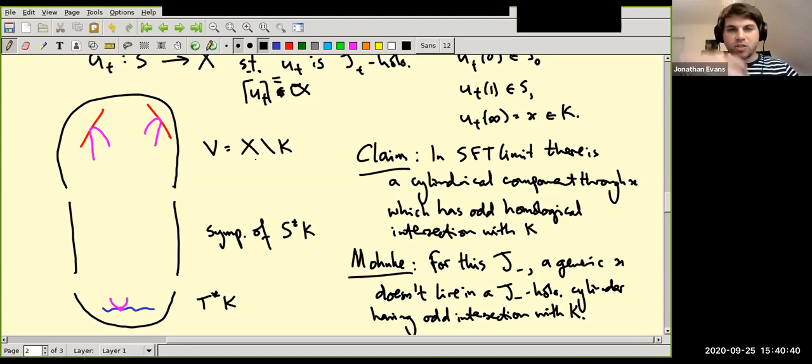So when you do these SFT neck stretching arguments, what happens to the symplectic area of the curve you're stretching is it basically gets concentrated up at the top, and the sum of the symplectic areas of these components in V will be the symplectic area of the sphere you started with. And the symplectic form I'm using on V to make that statement true is the one for which it's really the complement to the Klein bottle.